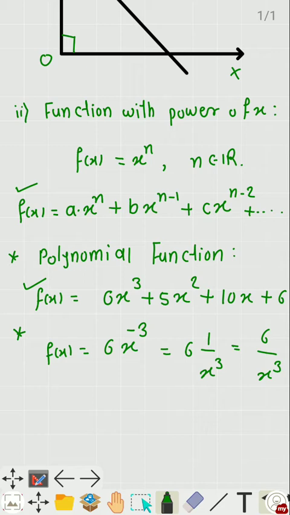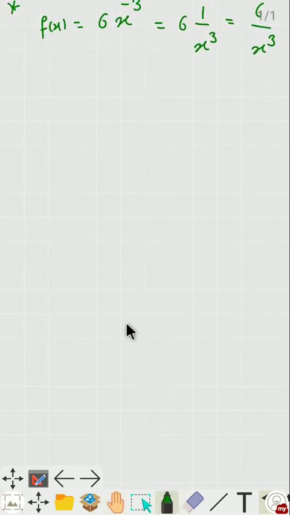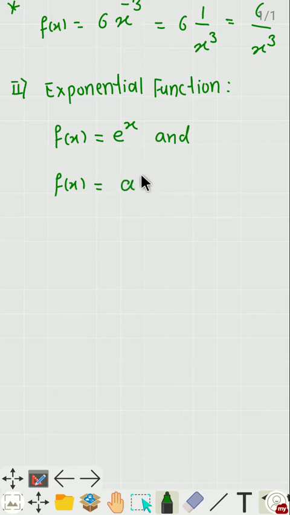The next type of function is the exponential function. Exponential functions are of the type f of x is equal to e raised to the power x, and f of x is equal to a raised to the power x, where a is strictly greater than 0.